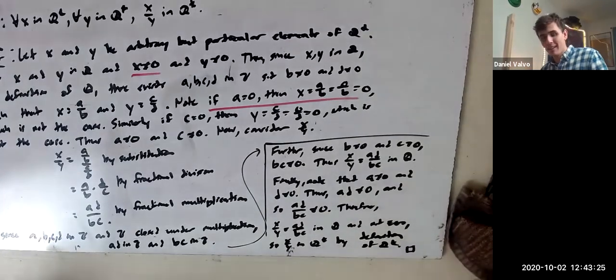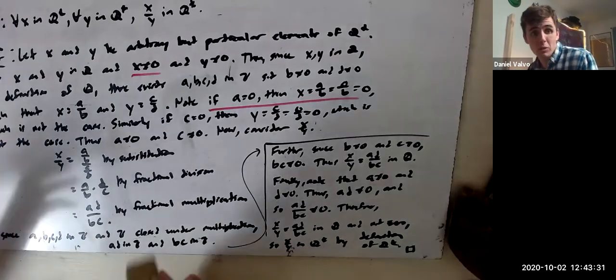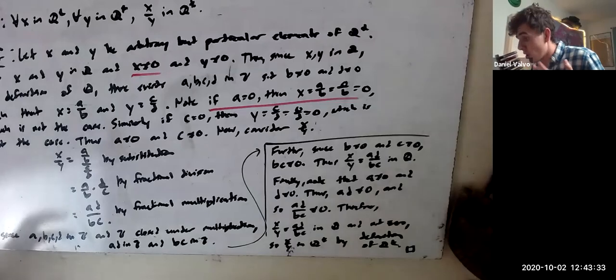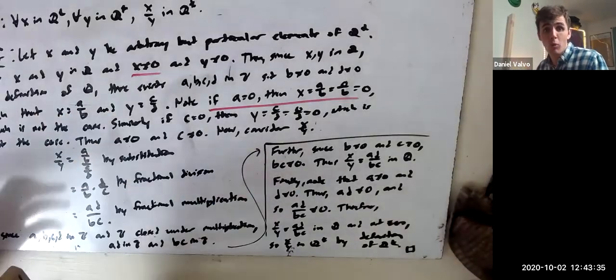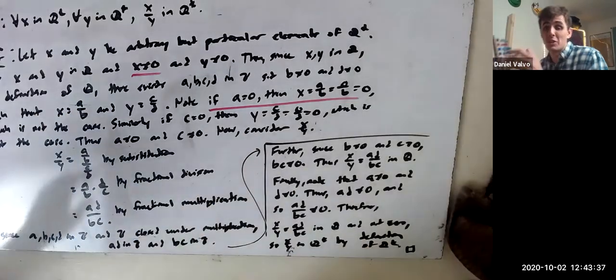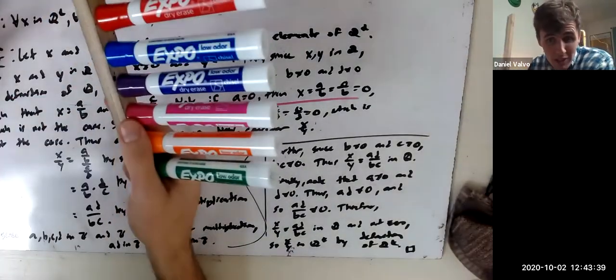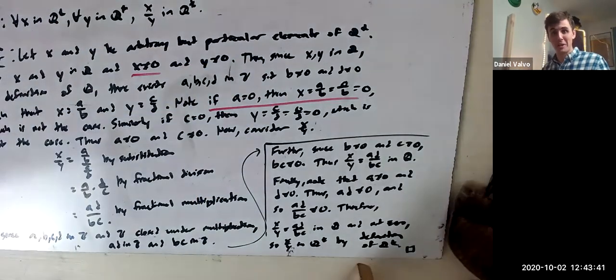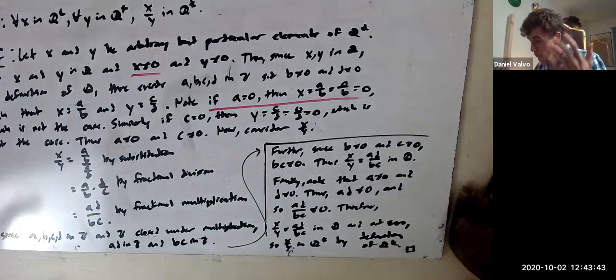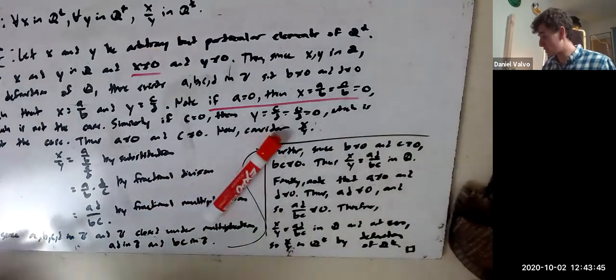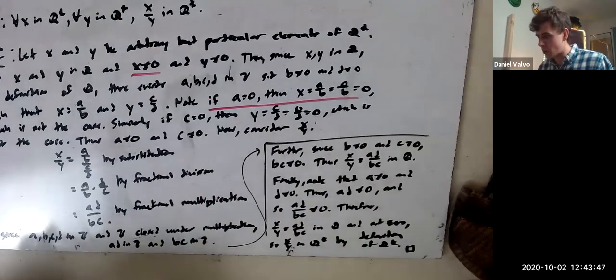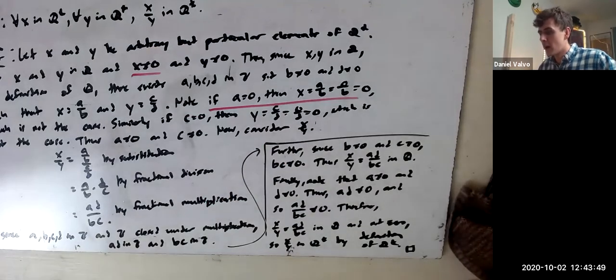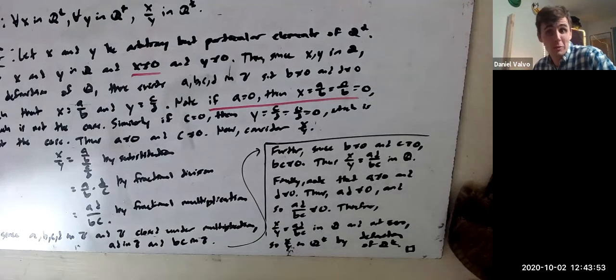And put a square on it because we're done, right? What we've shown here is that for any arbitrary x and y you pick in Q star, the ratio x over y will be in Q star. And since it works for any old element in Q star, it must work for every element in Q star. So Q star is truly closed under division. No matter what two elements of Q star you pick, their quotient will also be in Q star.